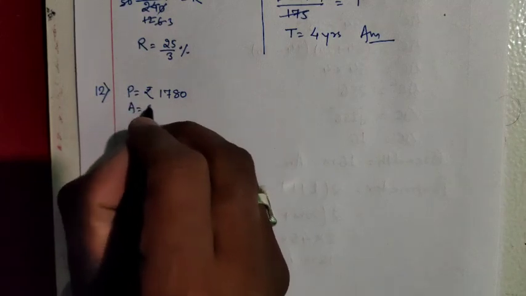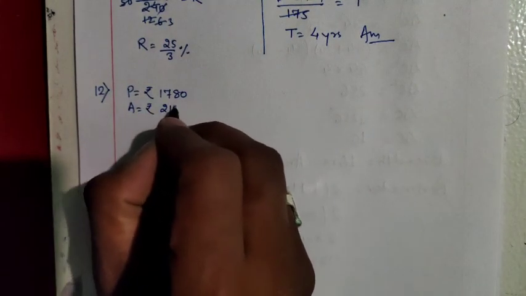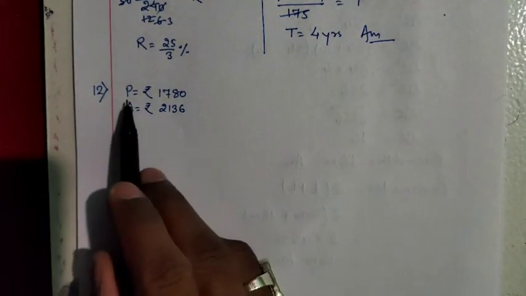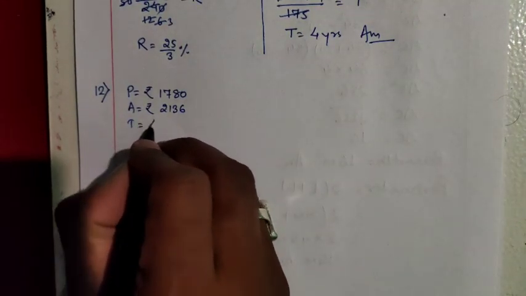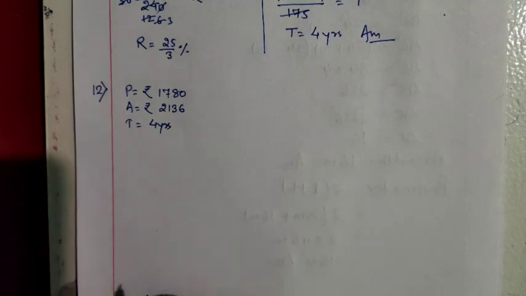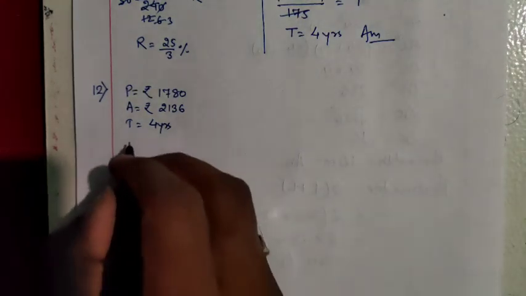It means amount is also given, 2,136. By this amount and principal we can calculate interest. Time is also given, 4 years. The question is asking to find the rate of interest.